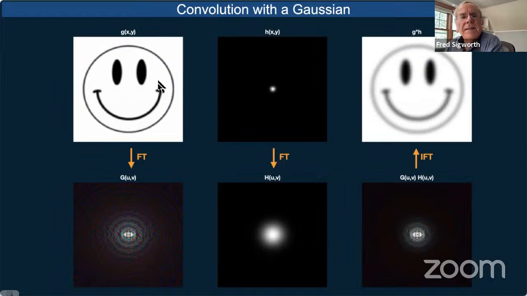And you can see how the Fourier transform approach works. So this is the Fourier transform of my smiley face image. It's in color because the different colors represent different phases. We'll talk about that in a little bit.